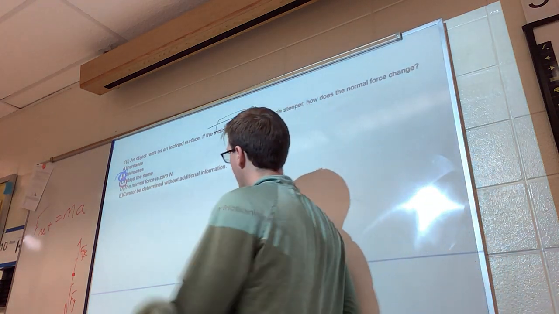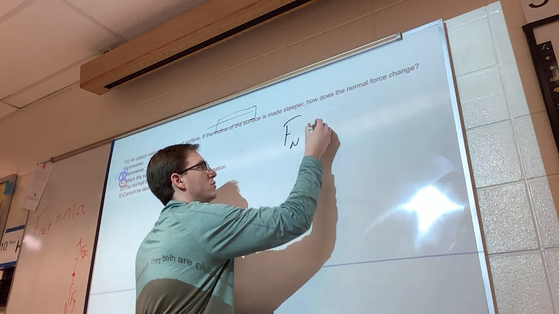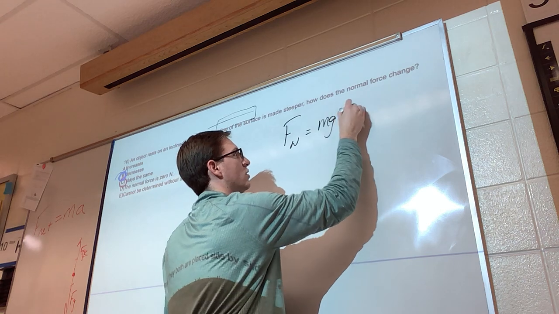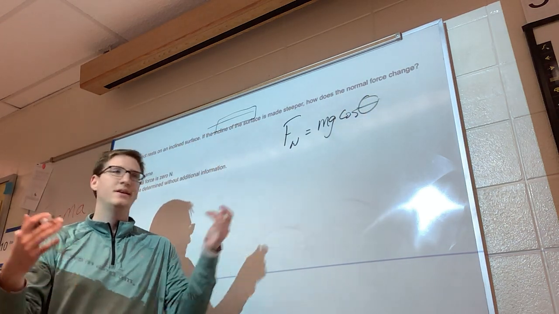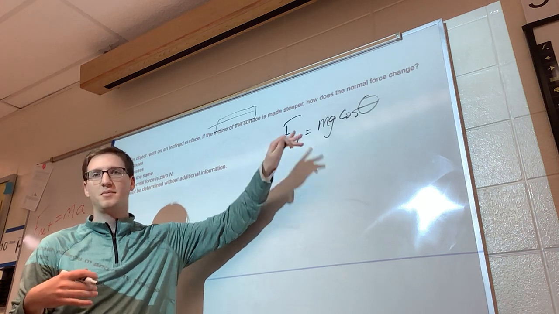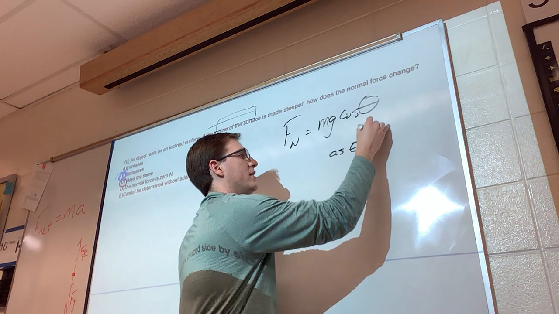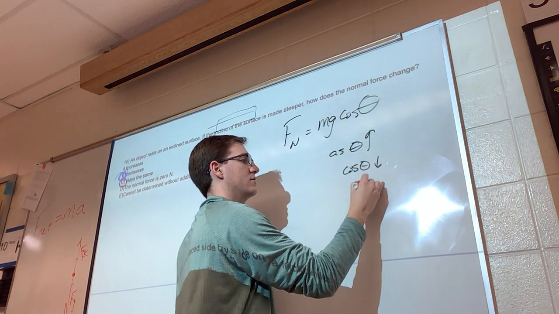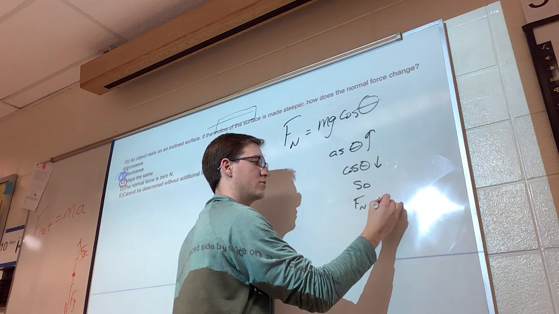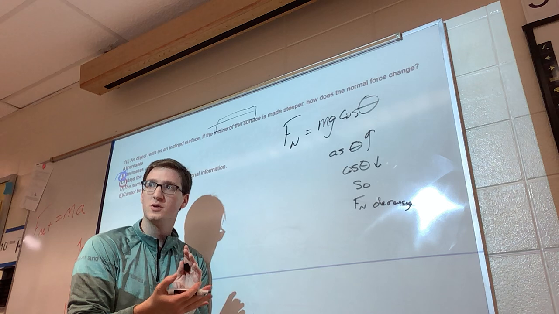I think a previous question ends up having Fn equals mg cosine theta as its answer. If you already have that math figured out, then sure. As theta increases, cosine theta decreases, so Fn decreases. That would be one way of doing the problem.